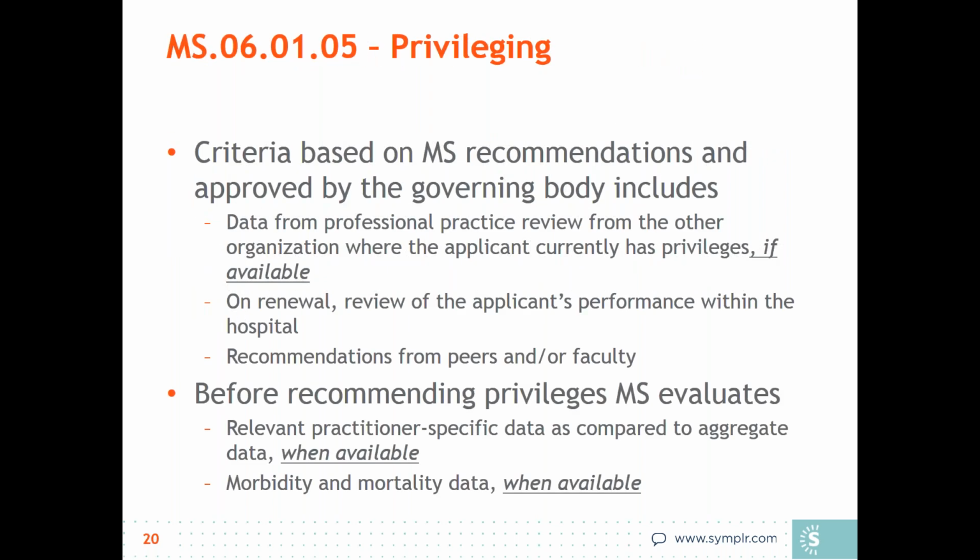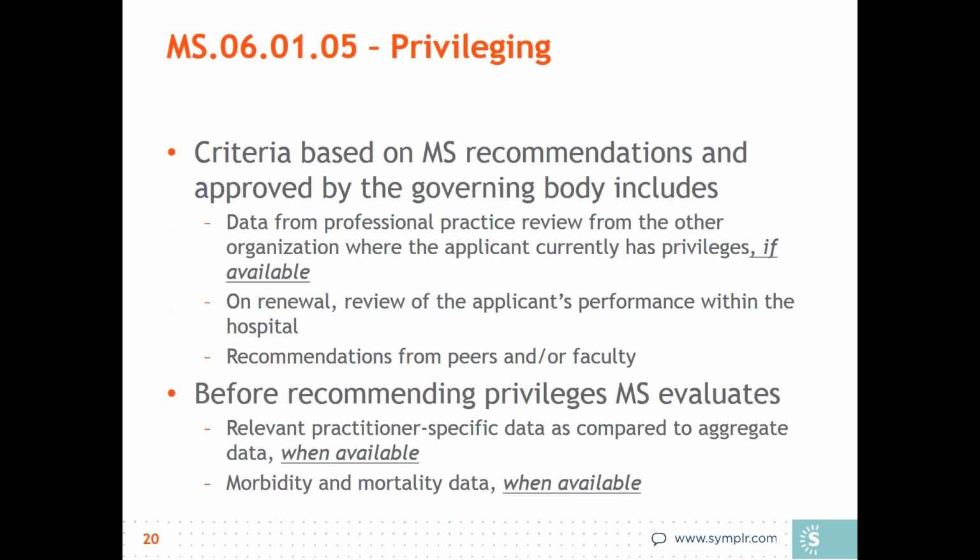Under the privileging section, they say that there has to be criteria based on medical staff recommendations and approved by the governing body. Now, this privileging criteria has to include data from professional practice review from other organizations where the applicant currently has privileges, if that is available.